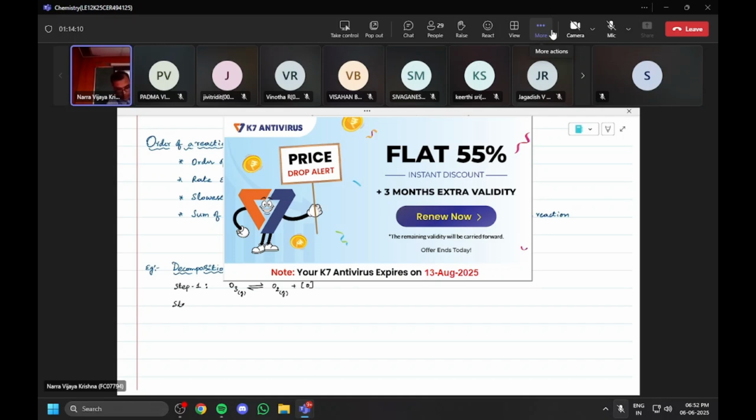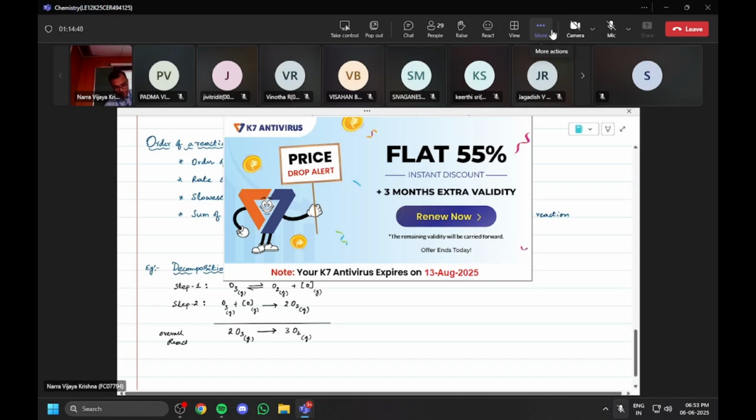Step 2: ozone again combines with nascent oxygen to form 2O2. Combination of both reactions is the overall reaction. That overall reaction is 2O3 gives rise to 3O2. This is the overall reaction.